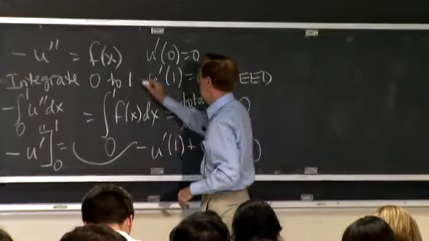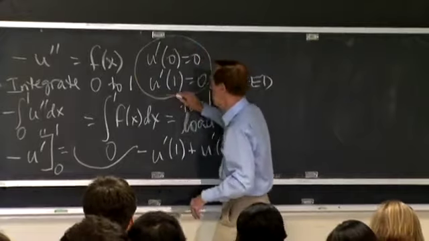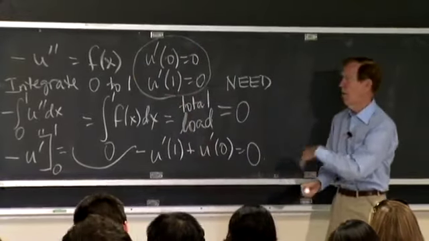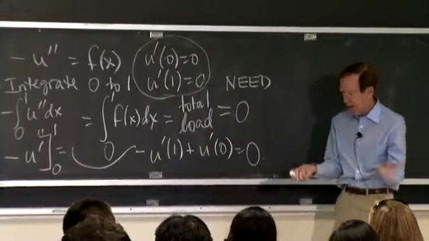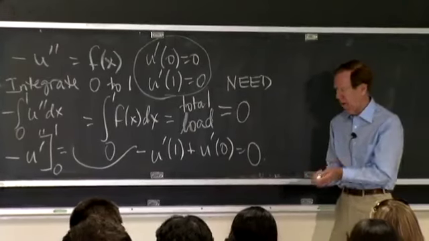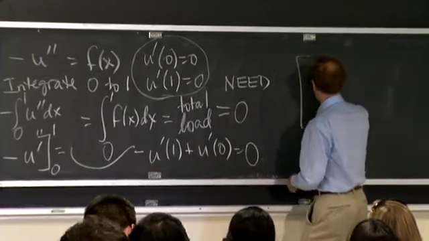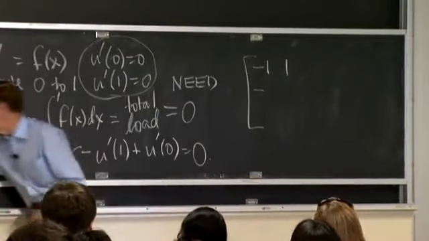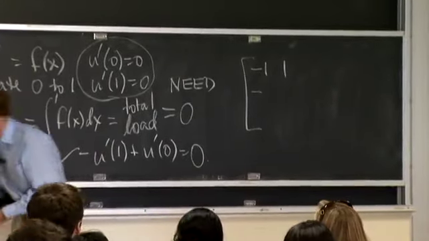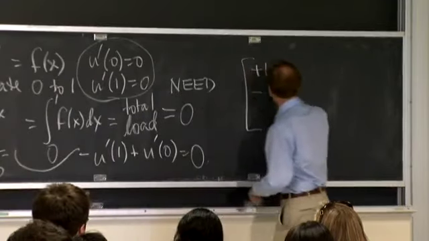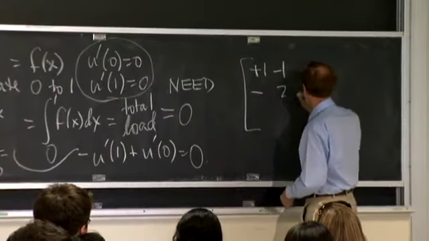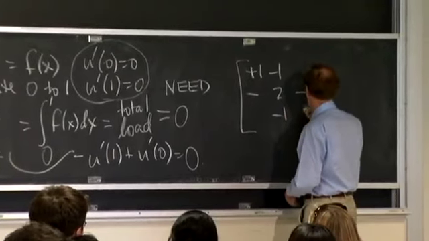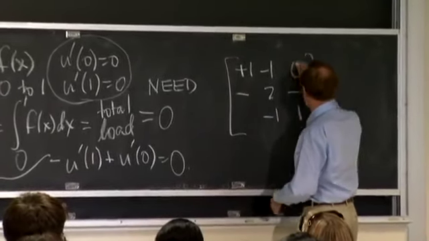For if I have these boundary conditions, then my problem is singular, usually no solution. It's like having a singular matrix. It's like having this particular singular matrix, of course. Whoops, not that one. Let me get the plus sign in the right position. Yeah, sorry, that's a plus. Minus 1, minus 1, 2, minus 1, minus 1, 1, right?